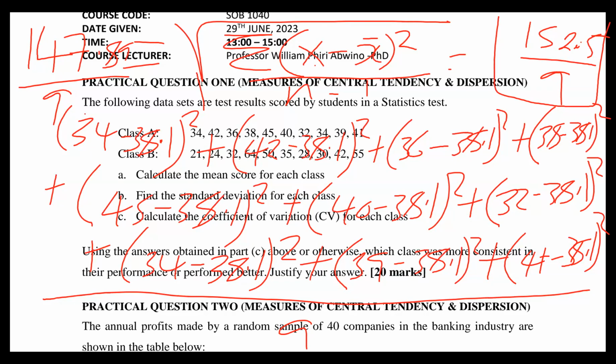Just do it the way it is appearing here. Minus 8.1 squared, then I square root it. Don't square root, square it. Okay.